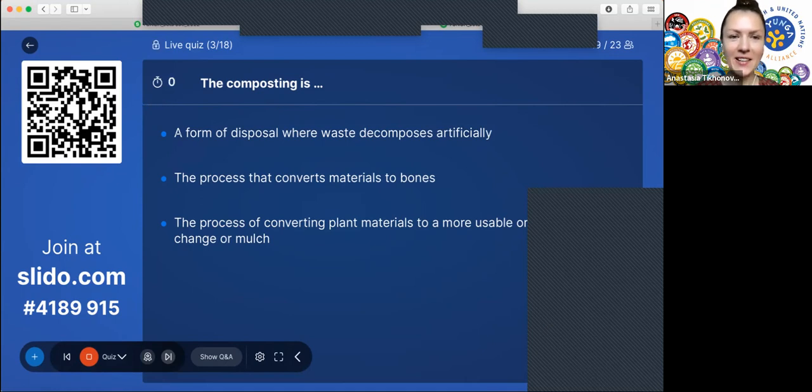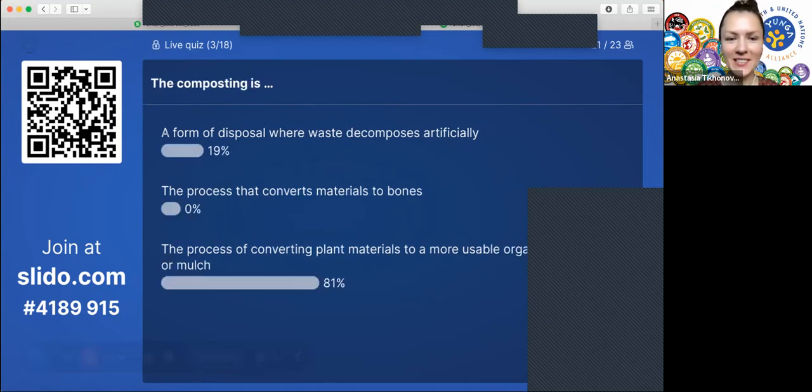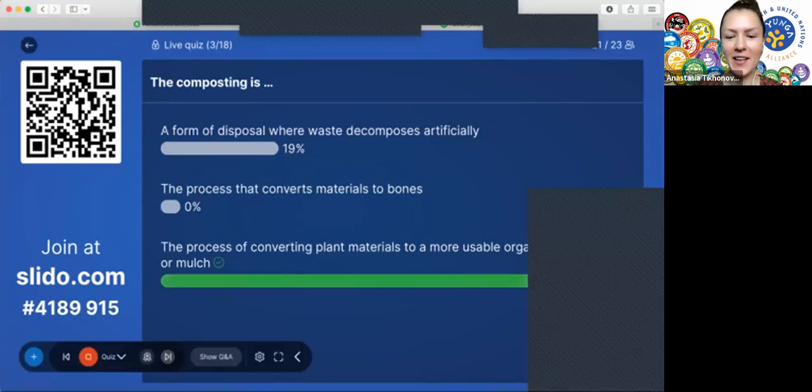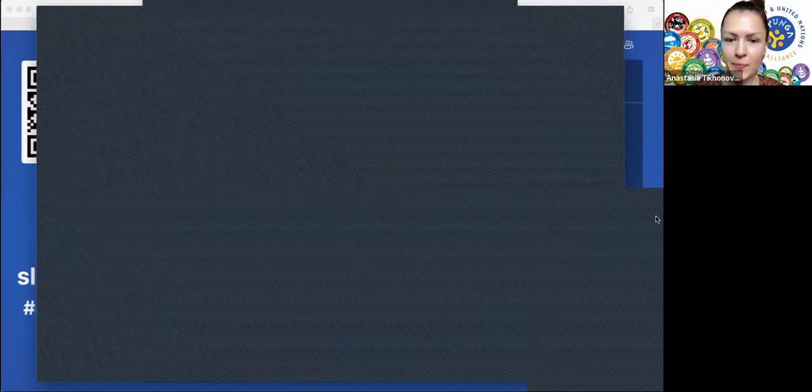And the right answer is, okay, 81% of you think that it's the last option. Absolutely correct. Organic farming also uses composting very much, and it is the process of converting plant materials to more usable organic soil change or mulch.